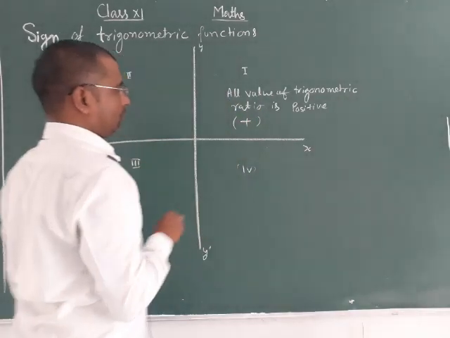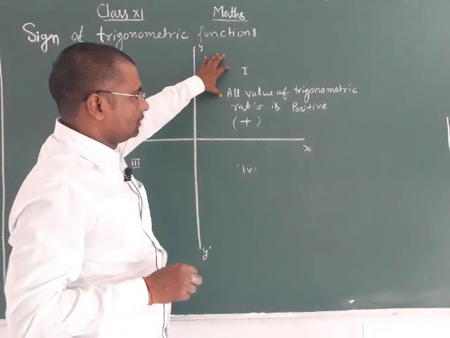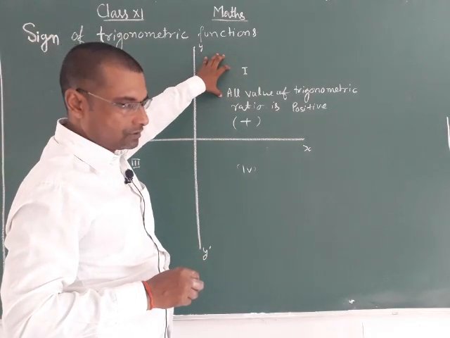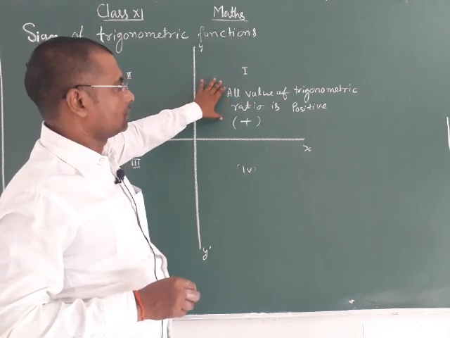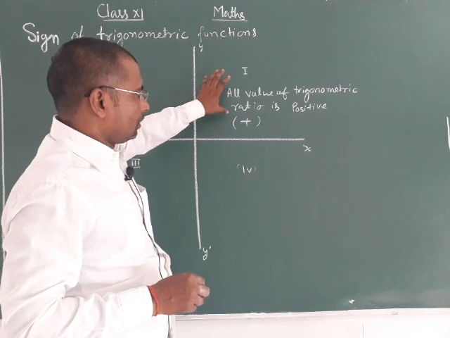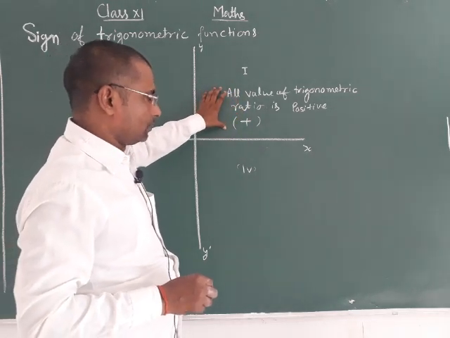All values positive in the first quadrant: all trigonometry ratios, sine, cos, tan, sec, cosec, cot, all values will be positive.